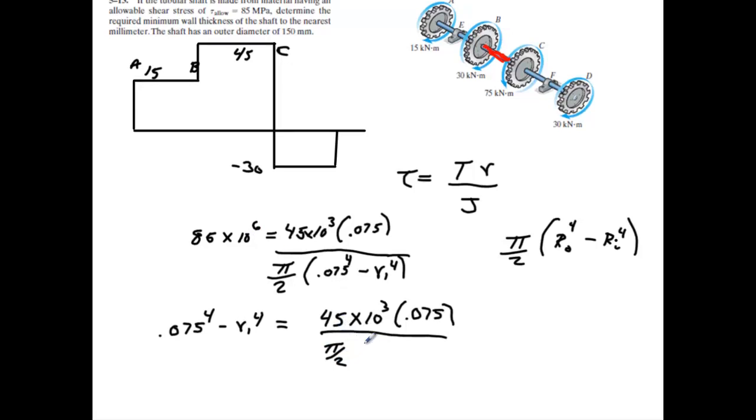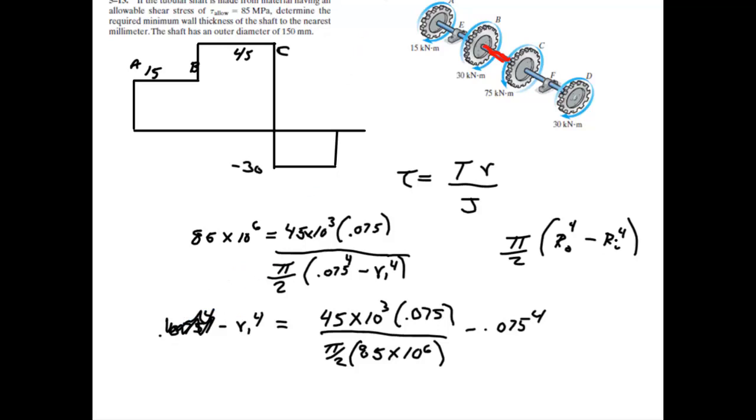And just bring the 85 down, times 10 to the 6th. Okay, now what we should do, we need to bring this back over, so I'll subtract that from both sides, which eliminates it from this side.